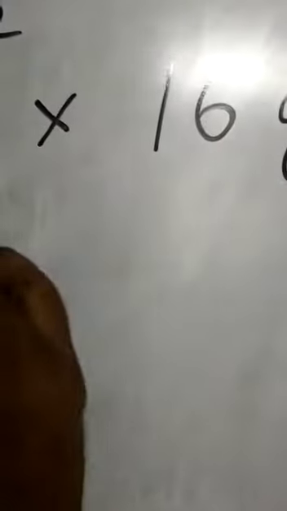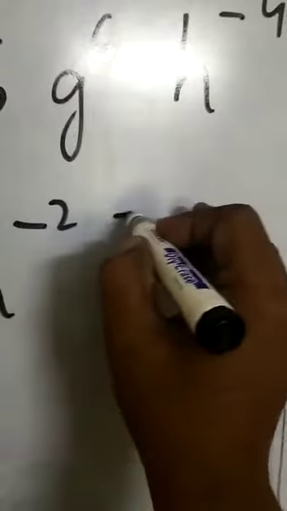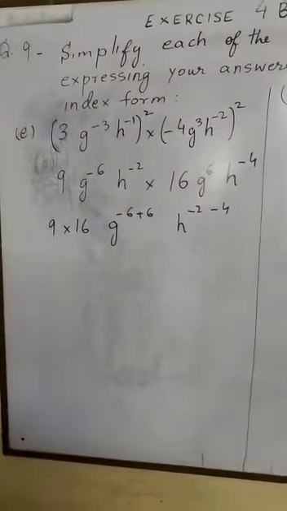Now 9 into 16, coefficients will be multiplied. G is minus 6 plus 6, H is minus 2 minus 4. This is the product law that we are applying over here.